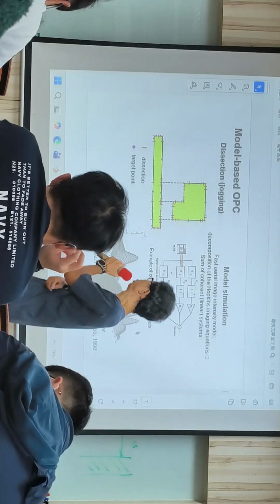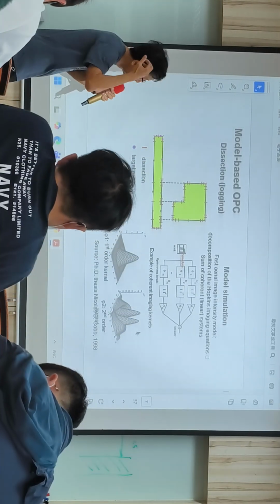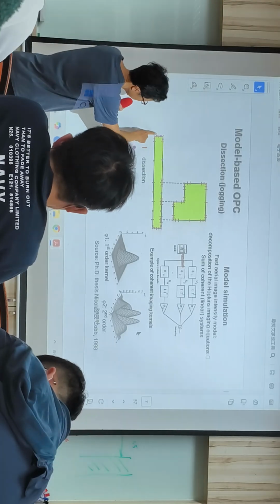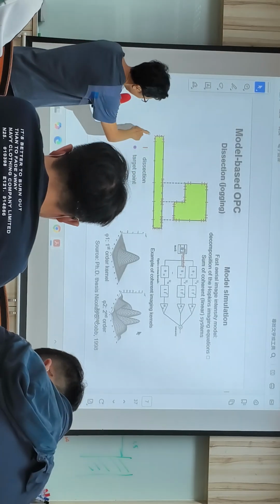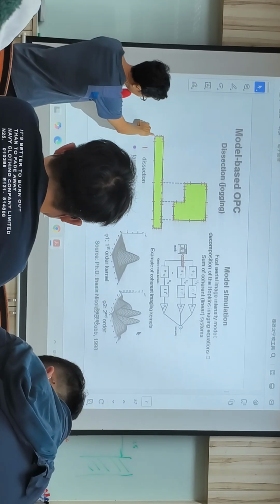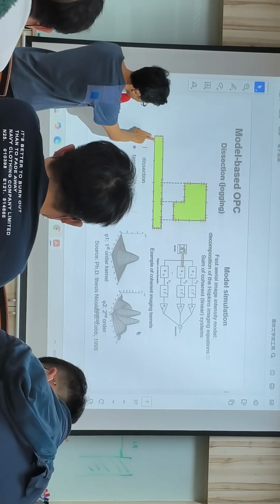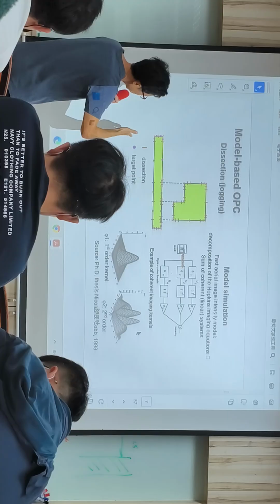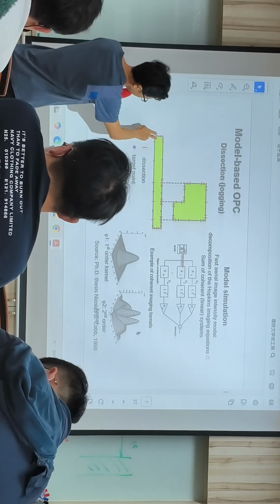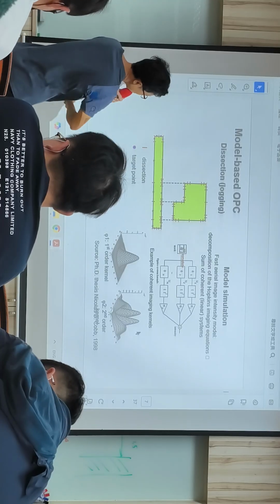Okay. So for model-based OPC, basically they need to do a lot of segment. They will do the dissection, and then at every edge, okay, this is a corner, so they do the dissection to different edges, and at the center of the edge, they have a target point.